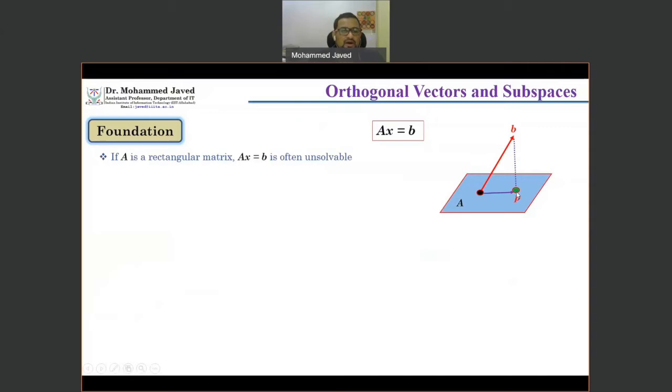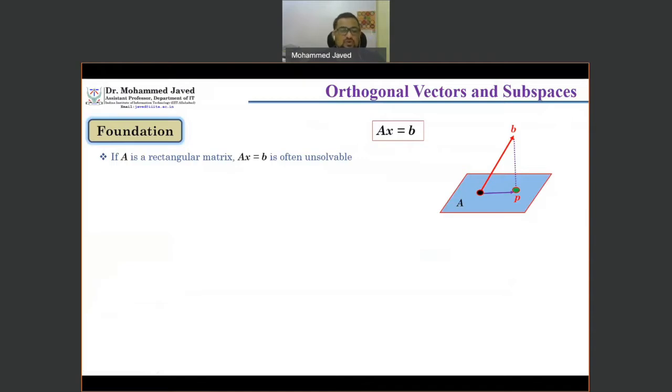Another way to see the matrix is through its physical appearance. If A is a rectangular matrix, Ax equal to b is often unsolvable, which implies that in a rectangular matrix there are either more unknowns than the number of equations, or fewer unknowns than the number of equations.